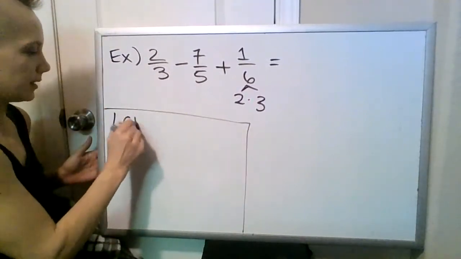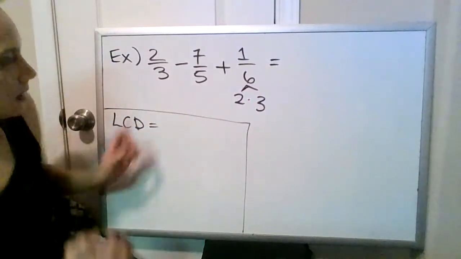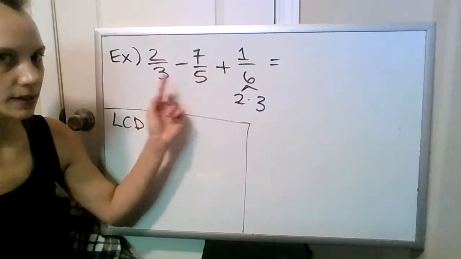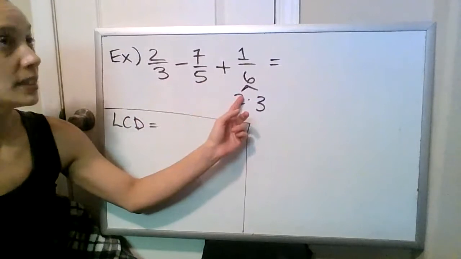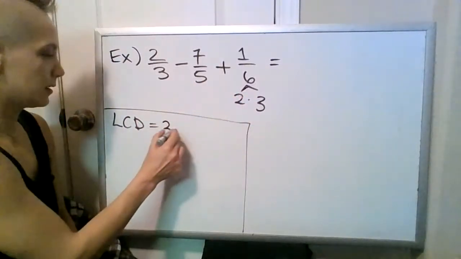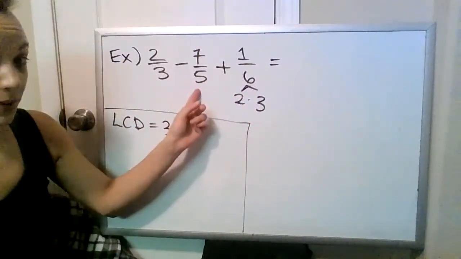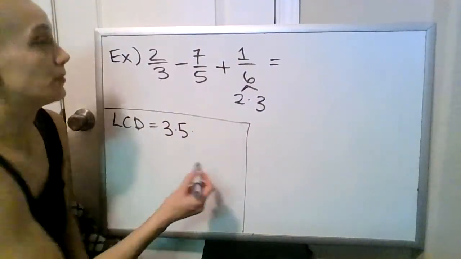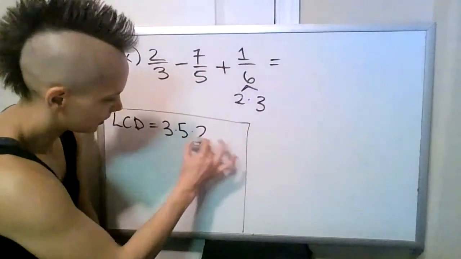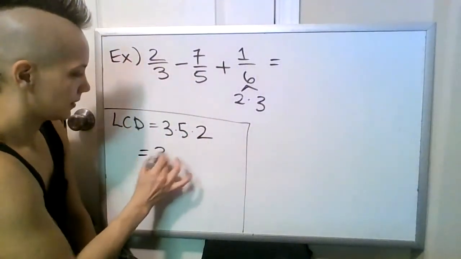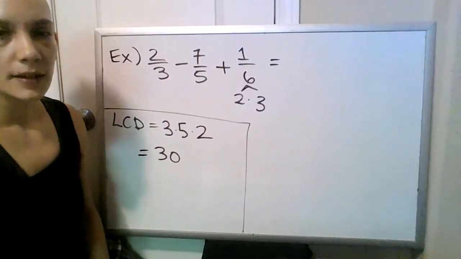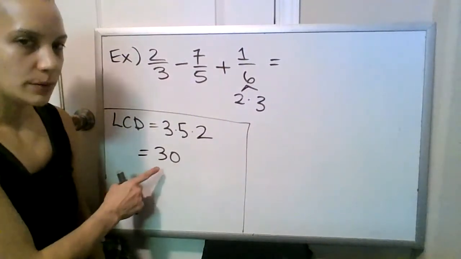One of the factors is 3. There's only one 3 from any denominator. We have a factor of 5 and a factor of 2. So the LCD would be 30.